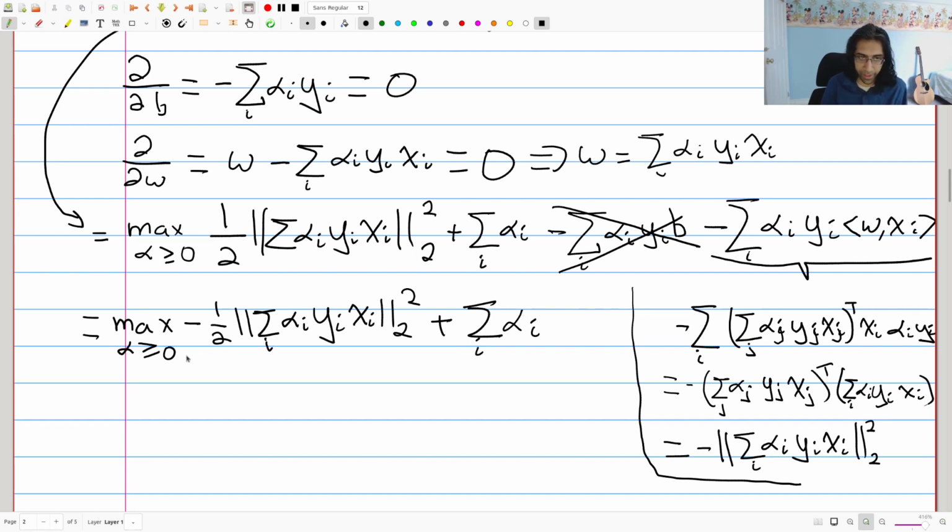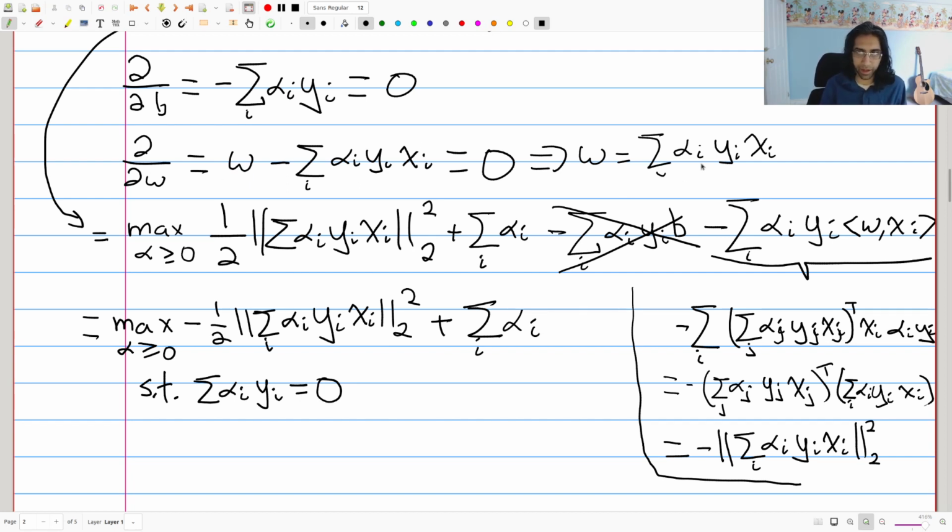So don't get these two i indices confused. These are separate summations. That said, we still have one more constraint here. We still have the constraint that the summation of alpha i, y_i is equal to 0. So this is the optimization problem.